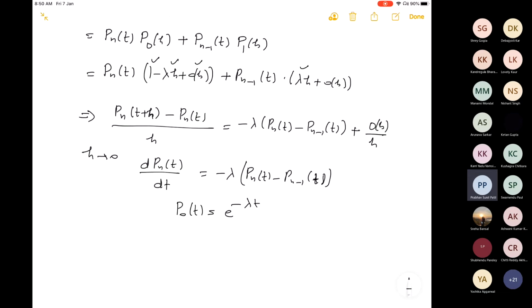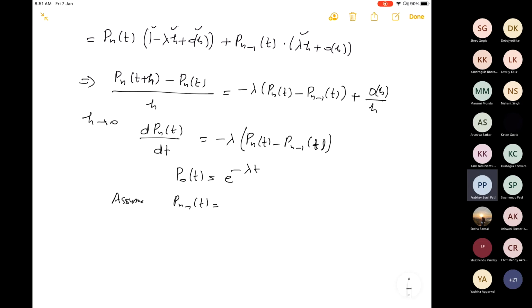So now we assume that Pn minus 1 T is e raised to power minus lambda t, lambda t raised to power n minus 1 upon n minus 1 factorial.